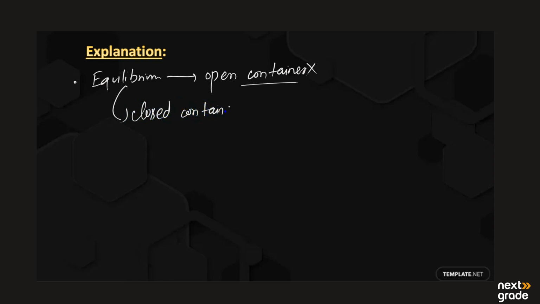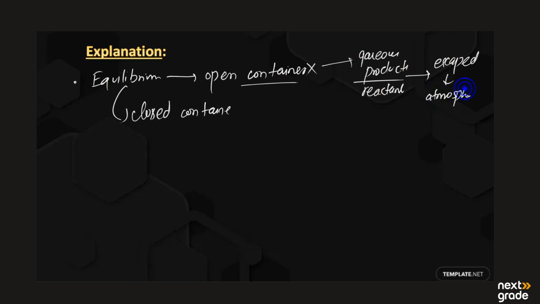If we have an open container, then all the gaseous products or the reactants may escape to the atmosphere, so we will not be able to gain the equilibrium in an open container. So we need a closed container for the attainment of the equilibrium state.